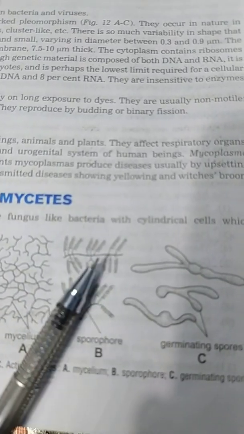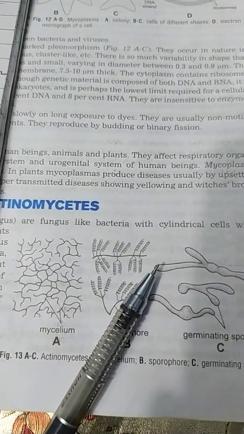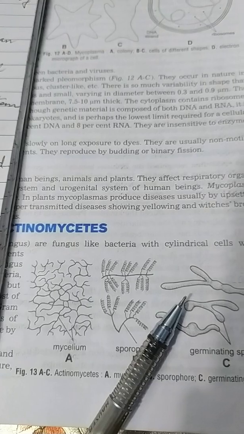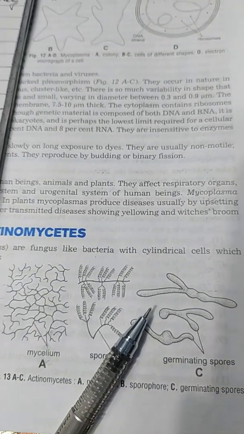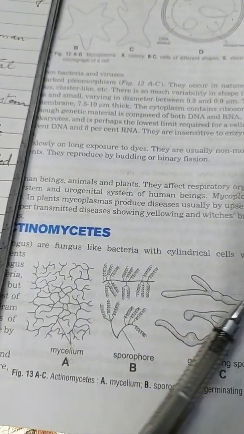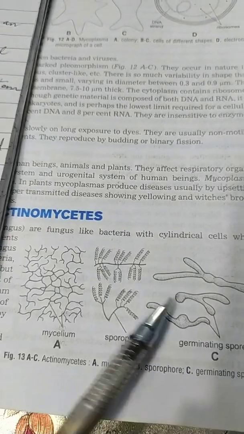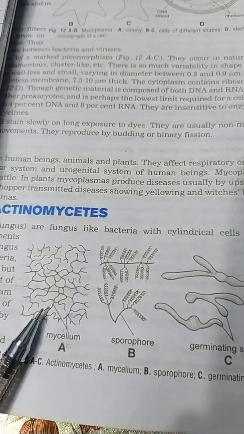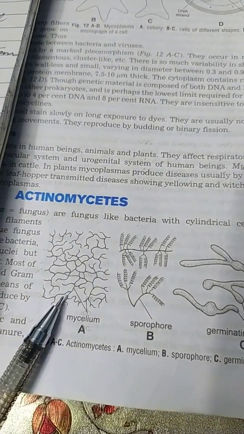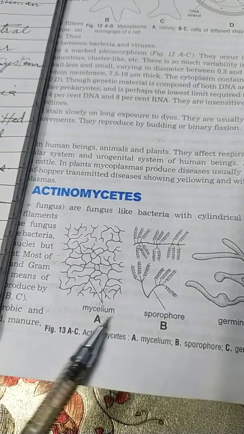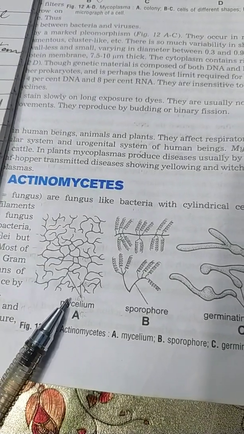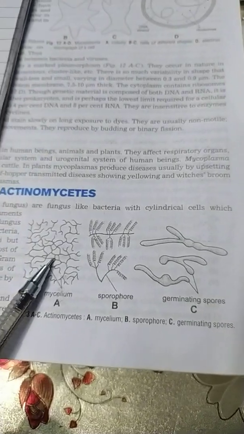So actinomyces means ray-like fungus. They are bacteria with cylindrical cells. Can you see here? Cylindrical cells, which are usually united to form filamentous mycelium. You see here the filamentous mycelium of a true fungus.